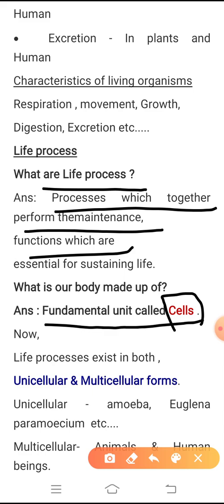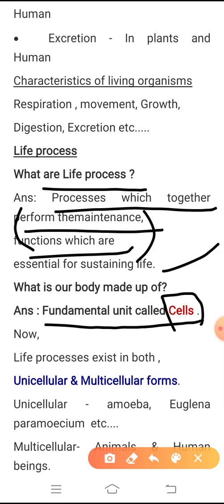These life processes are the processes which together perform the maintenance functions which are essential for sustaining the life. Together means all together. They perform the maintenance functions which are essential for sustaining the life.